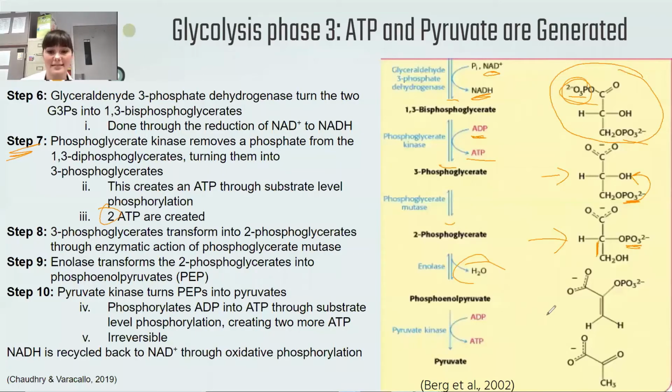And then in our last step, in step 10, we see pyruvate kinase turning that PEP, that phosphoenolpyruvate that we got up here, into a regular old pyruvate. And we're going to get more ATPs forming as a result of that step. It is also considered one of those irreversible steps.